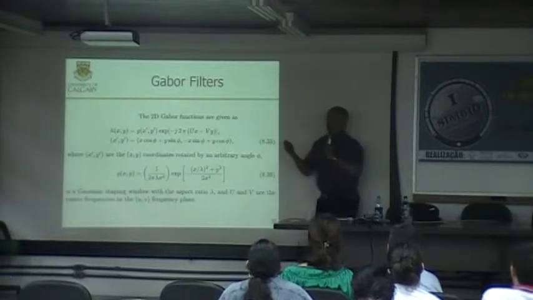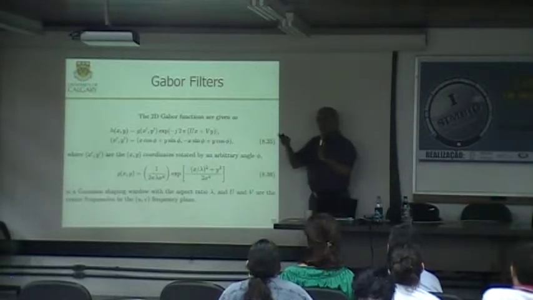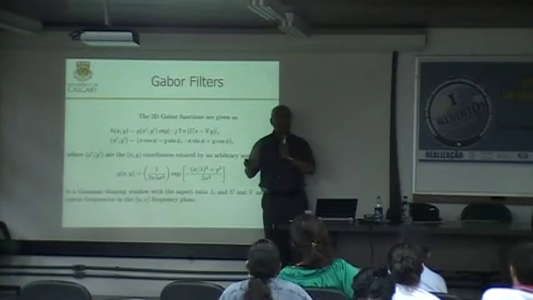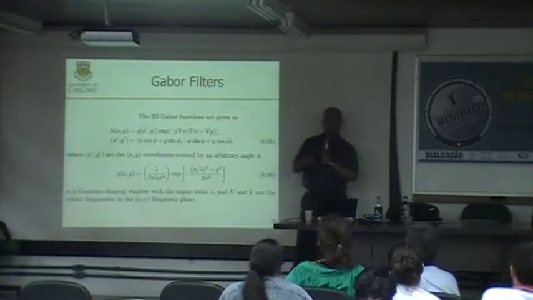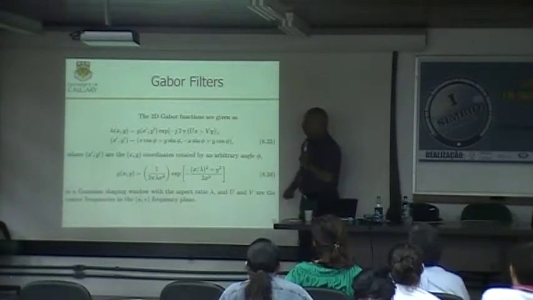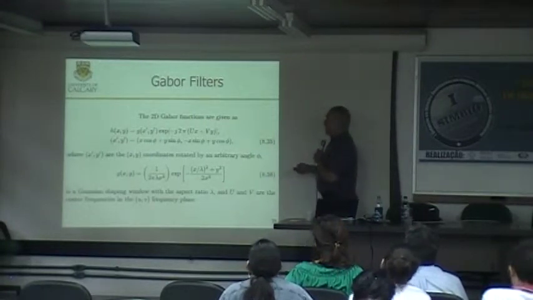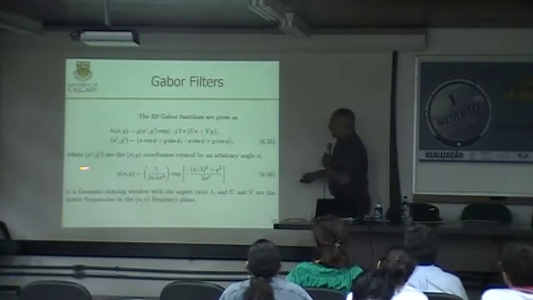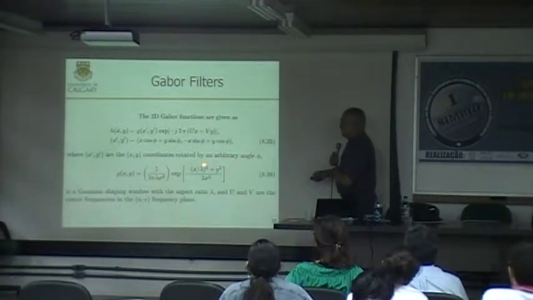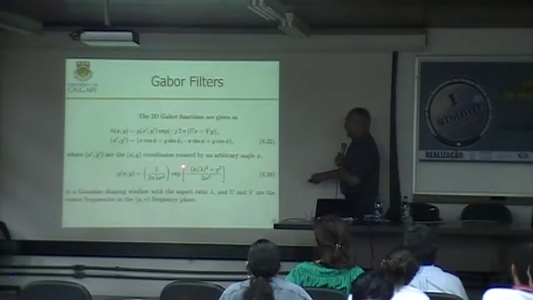So, how do you strike a balance between these two opposite things that happen in the image domain versus frequency domain? Gabor proposed filters that are designed in this manner: there is a Gaussian function in x and y.